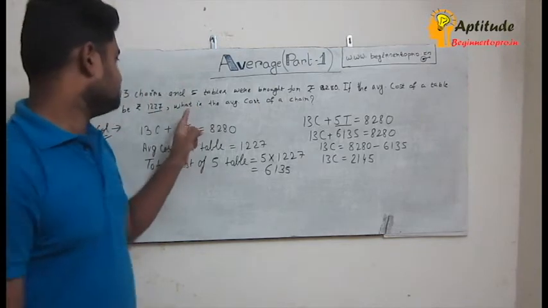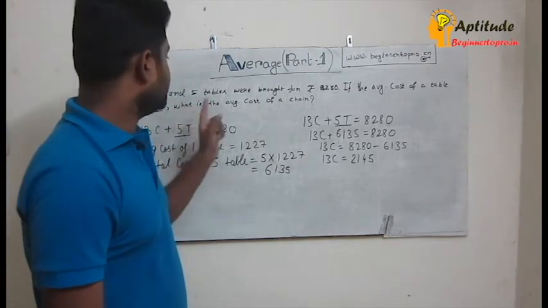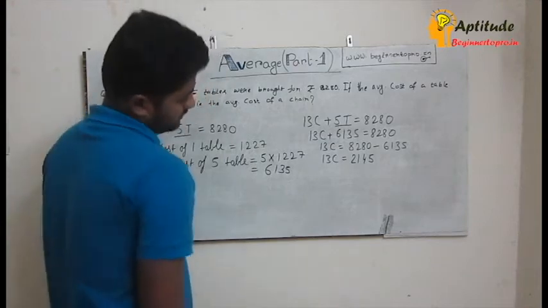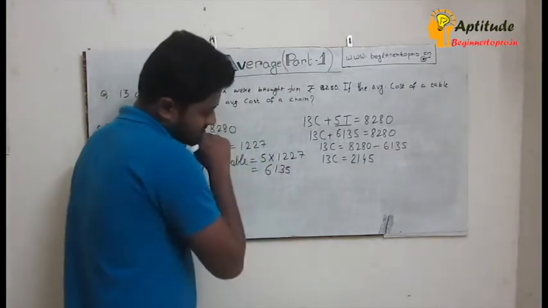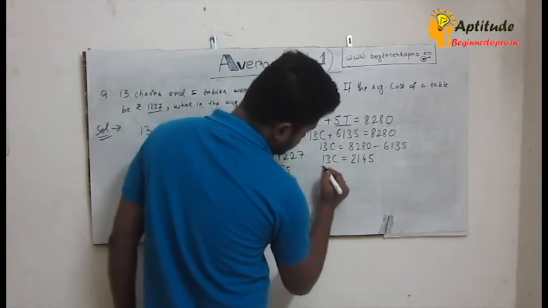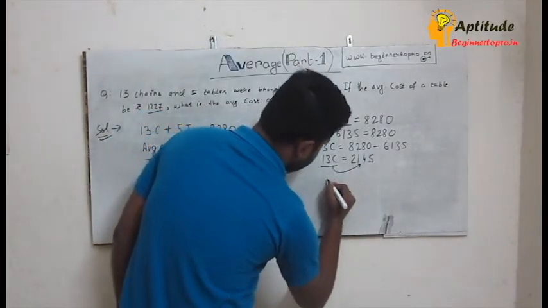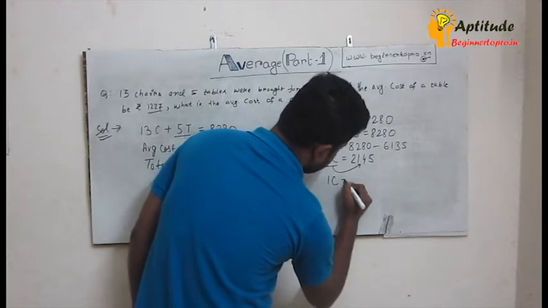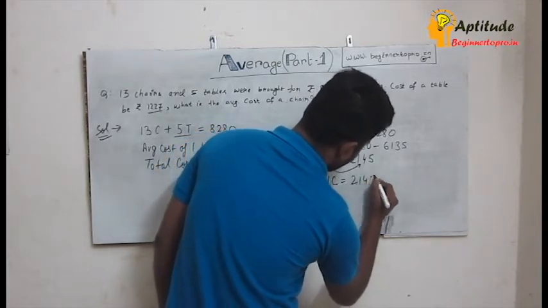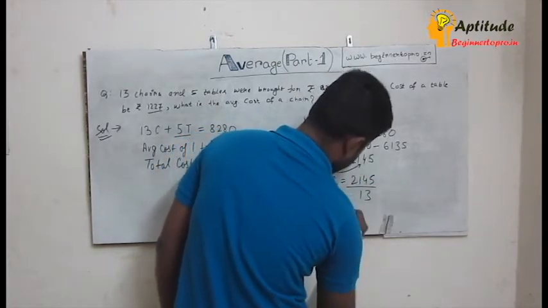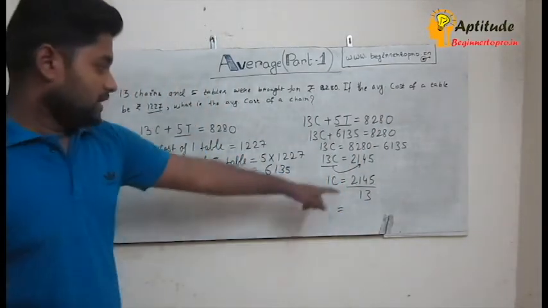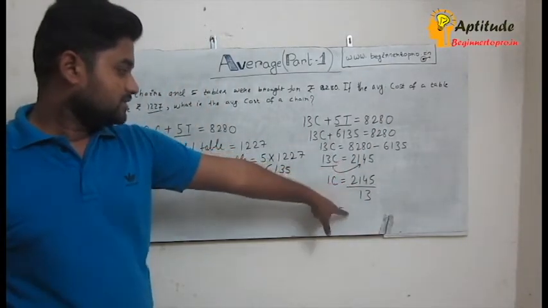But in the question, we need to find the average cost of a chair. So from here we can say that if the 13 chairs cost rupees 2145, what will be the cost of one chair? It's nothing but 2145 upon 13, simply dividing by 13.